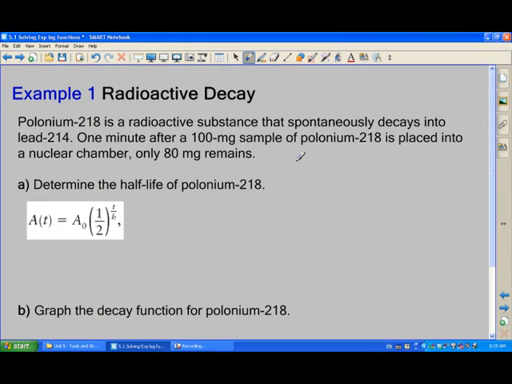We're told that the initial amount is 100. The final amount is 80. And t is 1 minute. So I can plug these things into my formula.